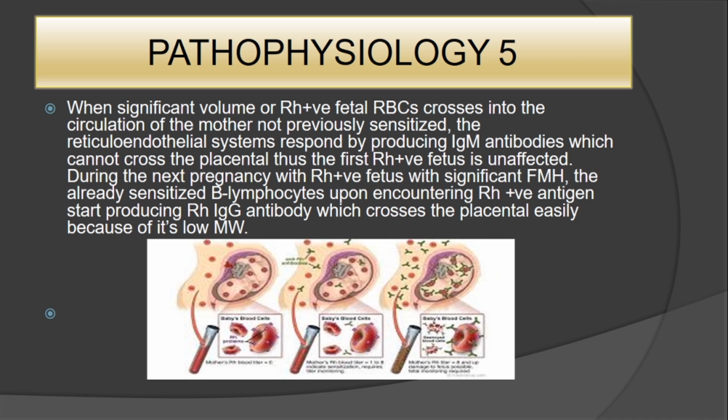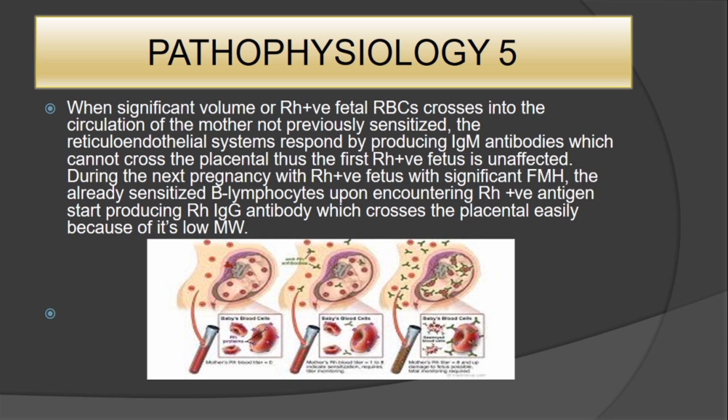However, during this period, if there is significant fetal-maternal hemorrhage, the mother can become sensitized, such that the next time she's pregnant with an Rh positive fetus, if the Rh antigen crosses from the fetus to the mother, the B lymphocytes in the mother will respond to the presence.